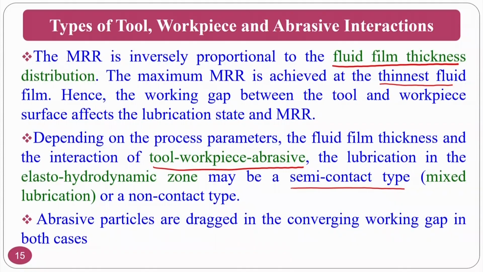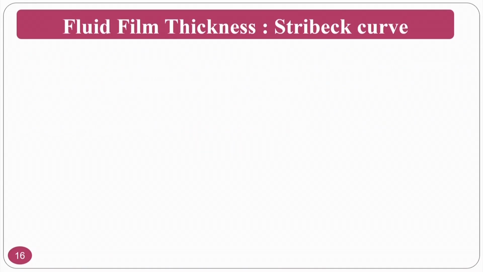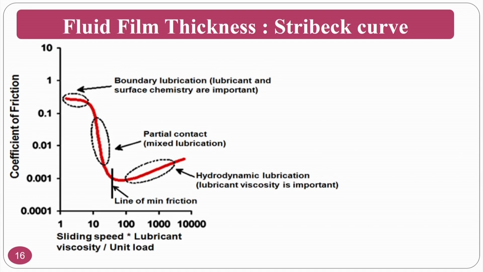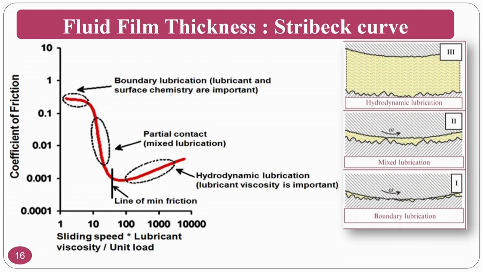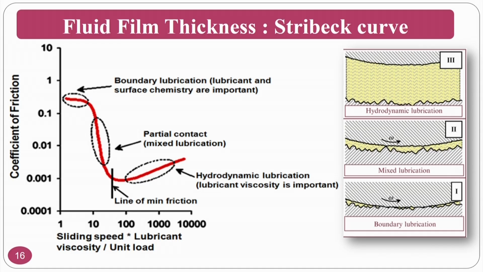So the abrasive particles are dragged in the converging working gap in both cases. What is meant by this semi-contact type or mixed type of lubrication or the non-contact type? If you see the basics of the Stribeck curve, you can easily understand what boundary lubrication, mixed lubrication and hydrodynamic lubrication are. If you plot sliding speed versus coefficient of friction, the first one is boundary lubrication.